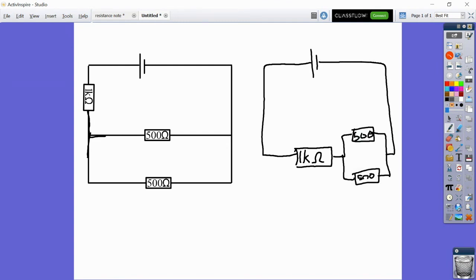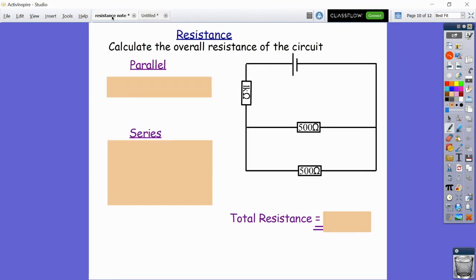So to simplify this one, I want to know, well, what's the resistance of that section, because the 1 kilo ohm is in series with that as a resistor or resistance. So the simplest way for this is to work out what's the resistance of that section. And the reason I've got such a small piece of work in for this is because they're both 500 ohm resistors.